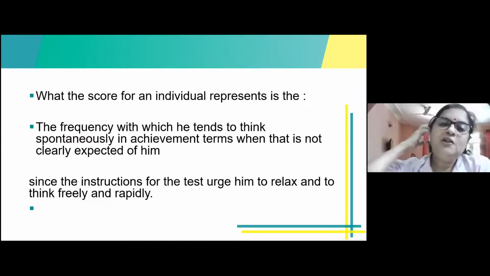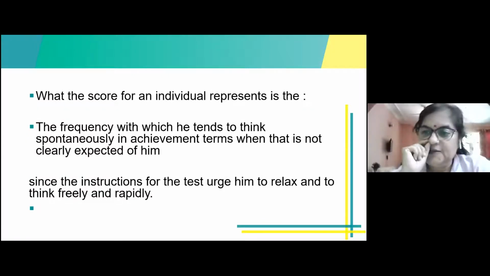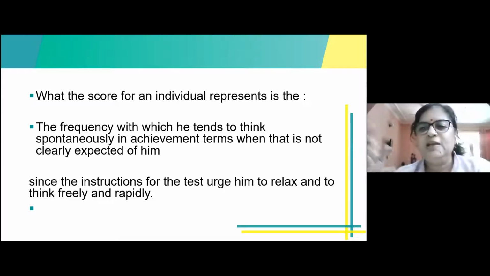Now, what the score for each individual story represents is, when we score the stories, and I will teach you how to score the stories, and we will score at least one story for each person. क्योंकि अब उन्होंने बताया आपको कि सेल्फ सिलेक्शन बोर्ड में एसएसबी में 10 स्टोरीज दिखाते हैं. जब हम अचीवमेंट मोटिवेशन की ट्रेनिंग करते हैं तो हम 6 स्टोरीज दिखाते हैं. आज मैंने आपको 4 दिखाई बिकॉज I don't need to be conducting anything.